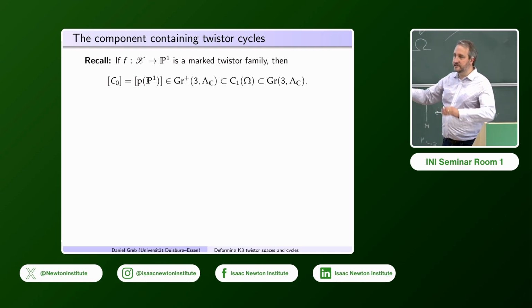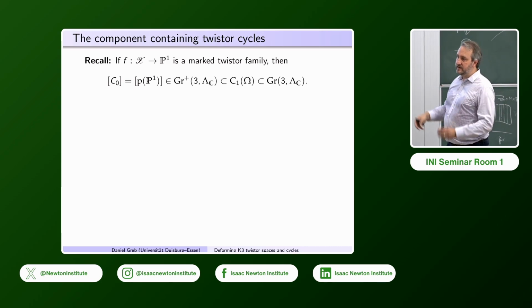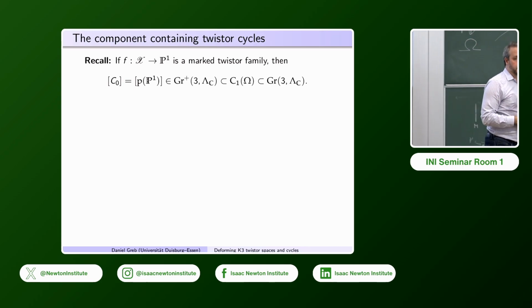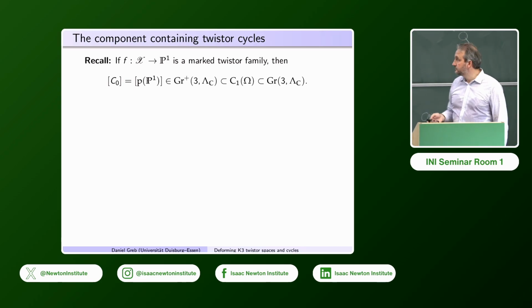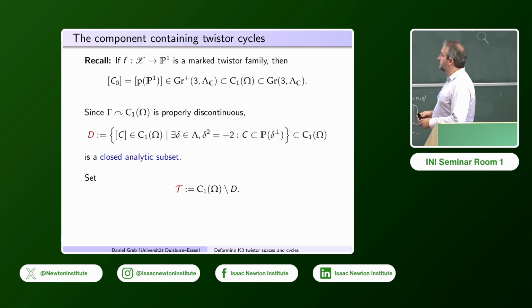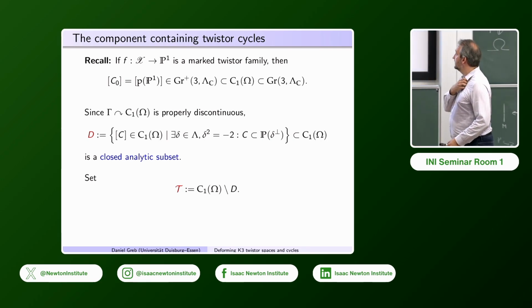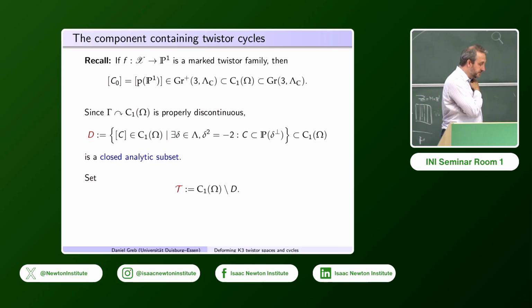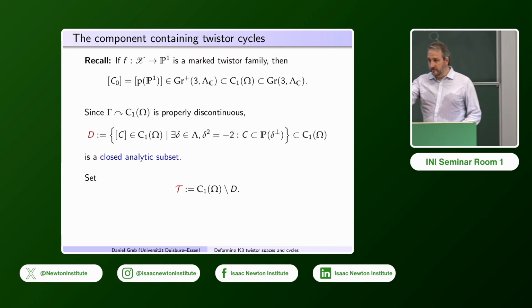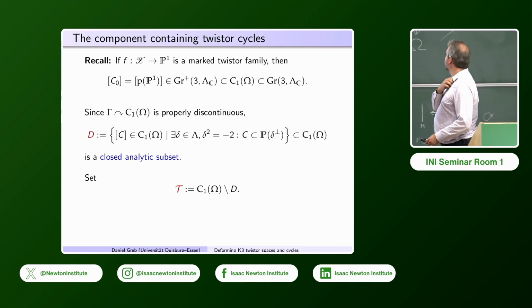But it contains other planes which are not necessarily positive definite. Since this action is properly discontinuous, you can remove a certain subset which has not appeared yet, but plays a decisive role in the Burns-Rapoport theory.